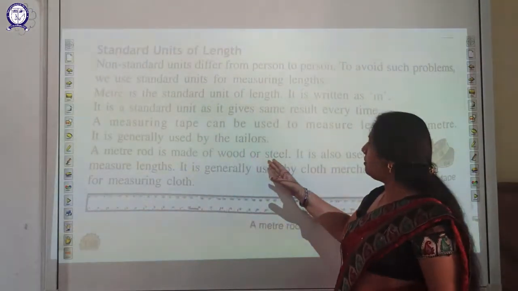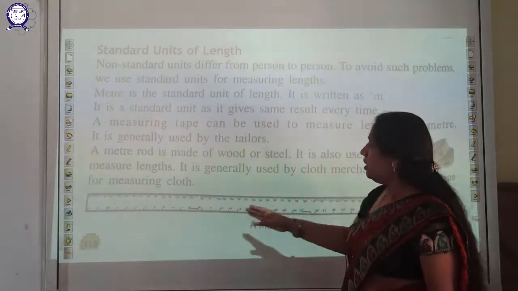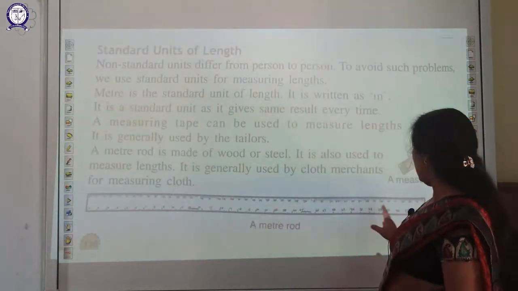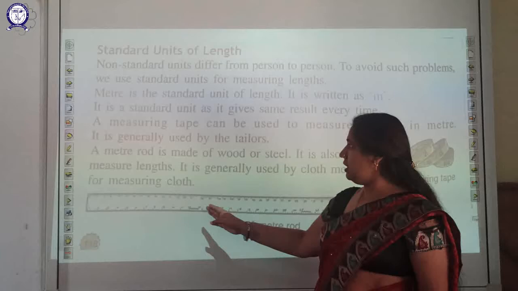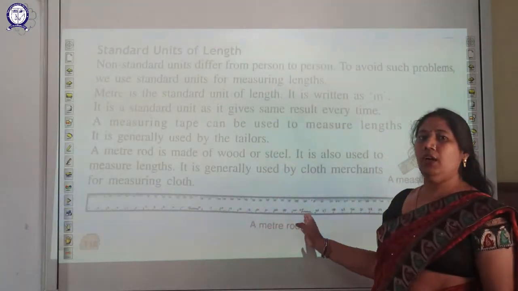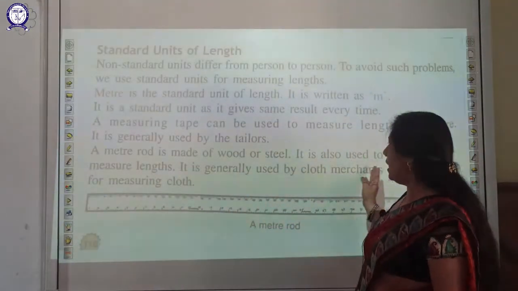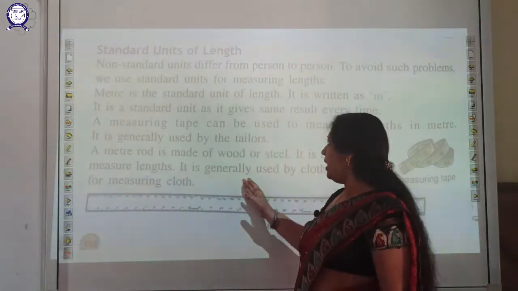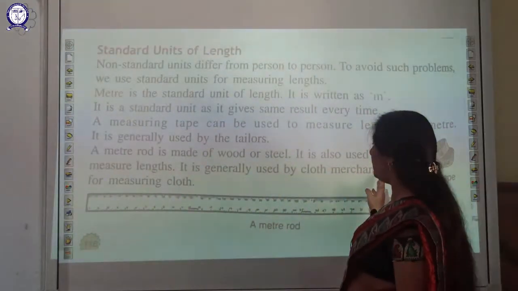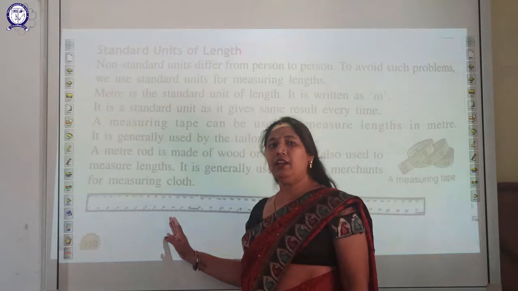A meter rod is made of wood or steel. Look here, that is a meter rod. It is also used to measure length. It is generally used by cloth merchants for measuring cloth.